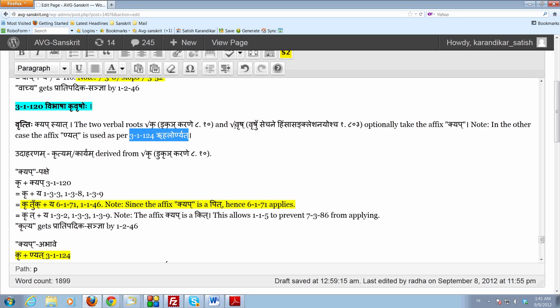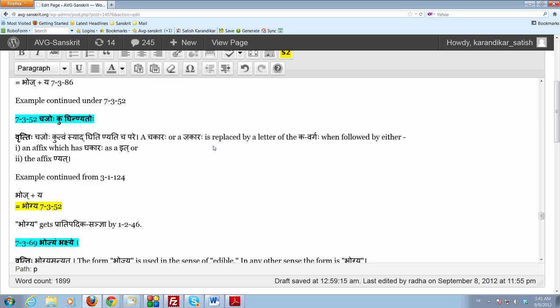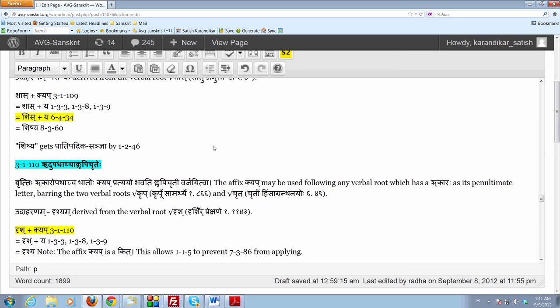Now vrish does end in a hal letter. So as a first step, ruhal or nyat would apply, but let us not forget the sutram which we studied a little while back, which is this one: ridupadacha kripichritehe.